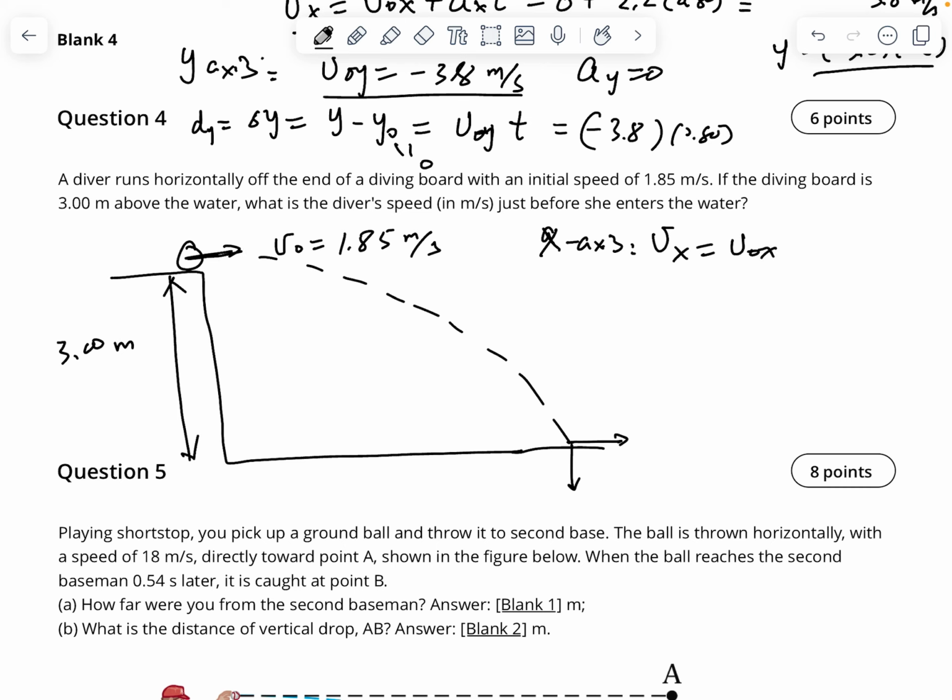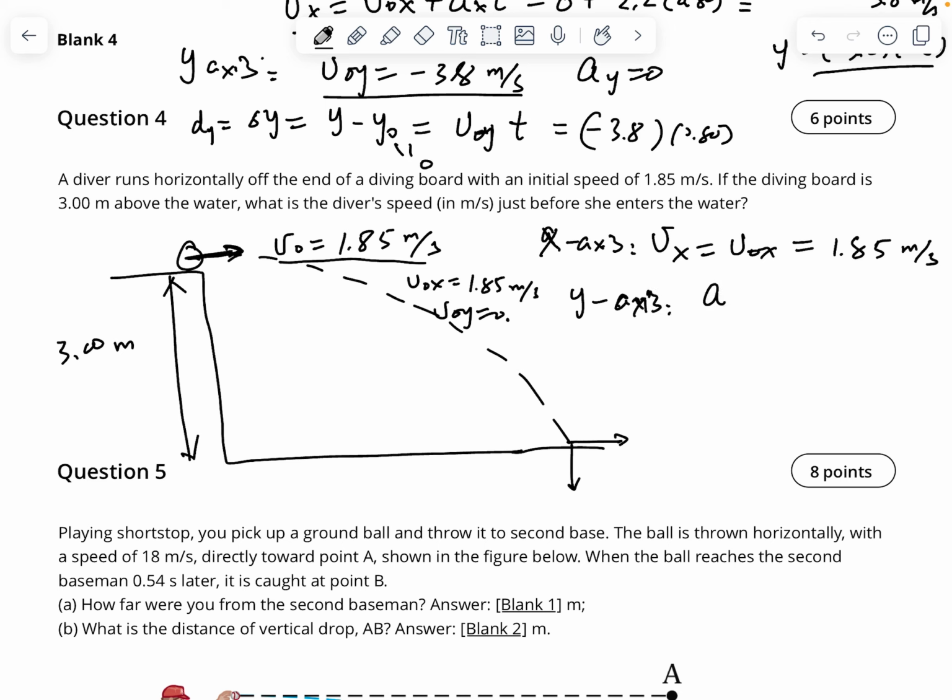And because you move horizontally, Vox equals, you see, this velocity tells you Vox equals 1.85 meters per second, and Voy is 0. Okay, you don't have any y components in the initial velocity. So this is equal to 1.85 meters per second. That's always the same, right? What happened in the y-axis?